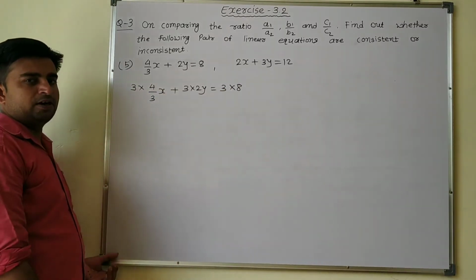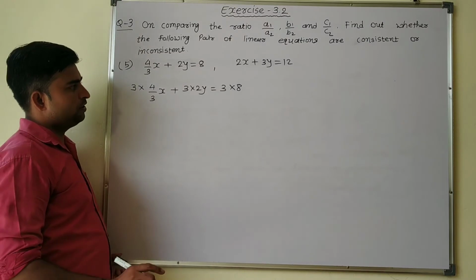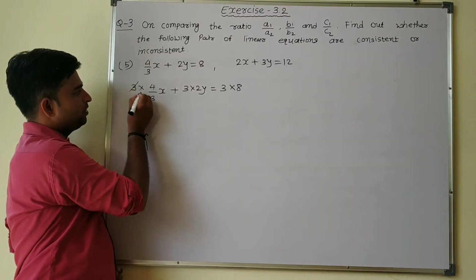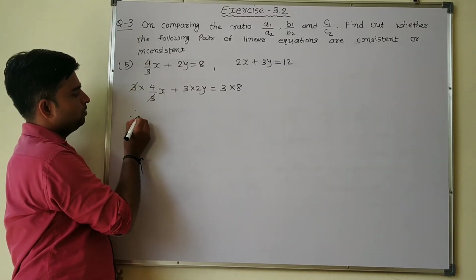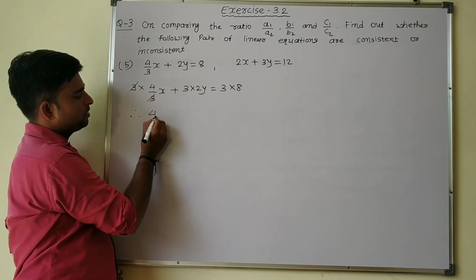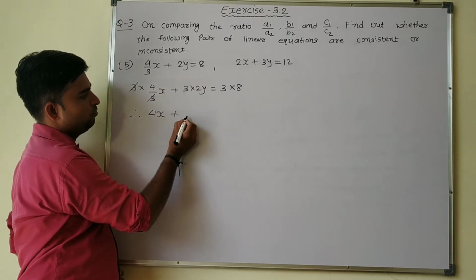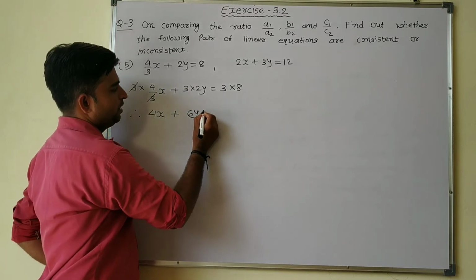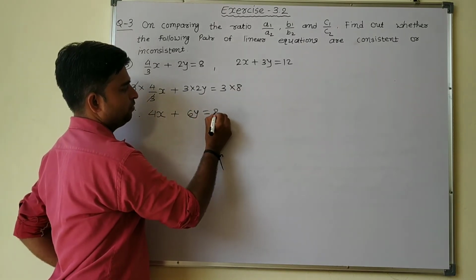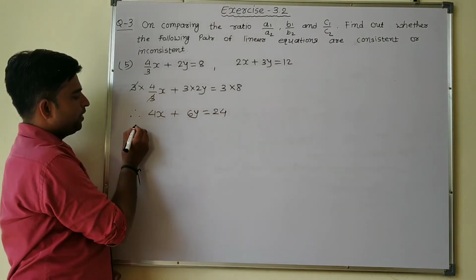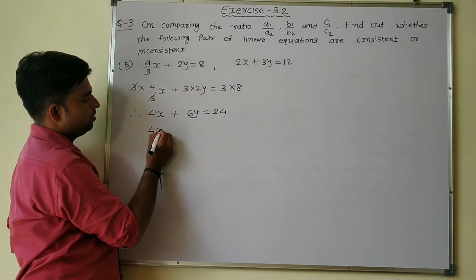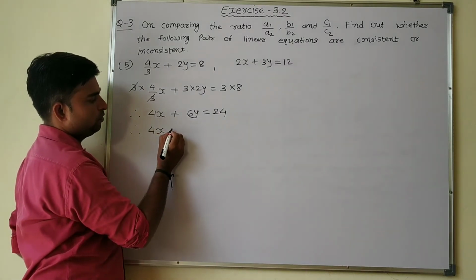From here 3 cuts, so 4 multiply x is 4x, 3 multiply 2y becomes 6y, and is equal to 3 8s are 24.